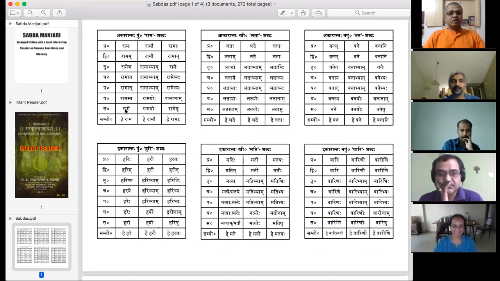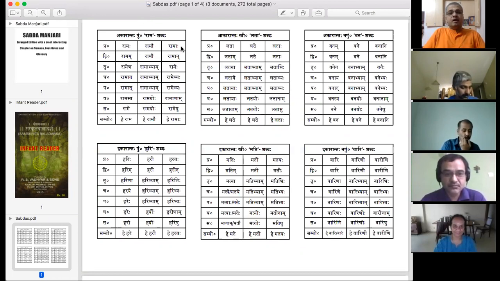So that is about the general order. And then we have these three columns here: Ramaha, Ramau, Ramaha. What is the meaning of each of these columns?